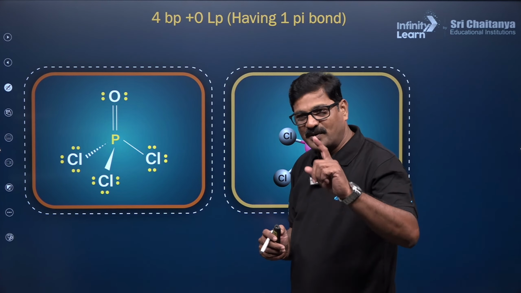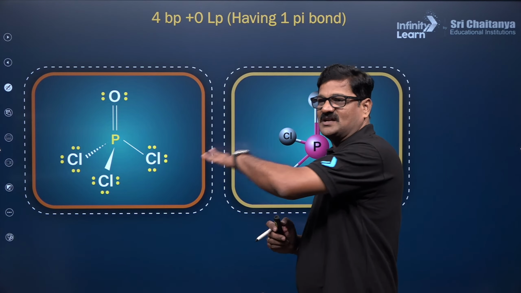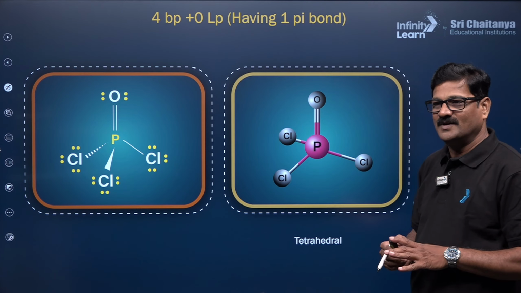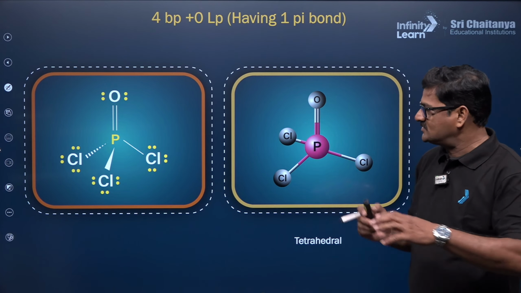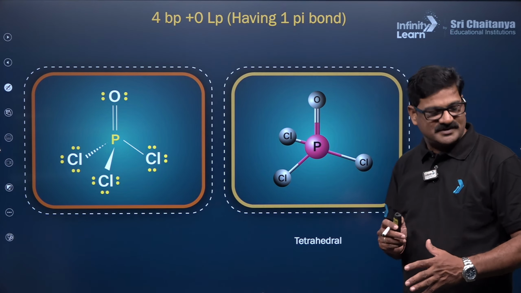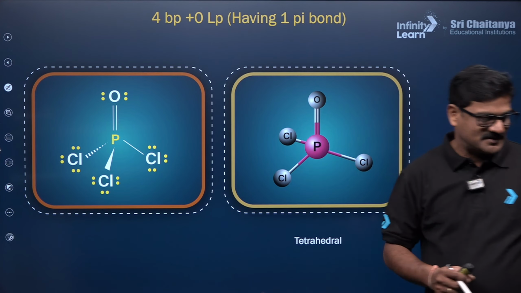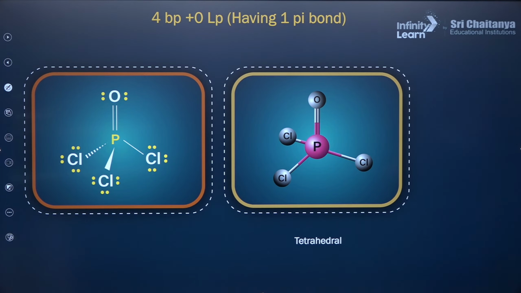You have a pi bond, but it is going to be tetrahedral in shape, POCl3. Any doubt? That is going to be a very good example. Everybody, please take a screenshot of this. Very good examples. Take a screenshot of this.